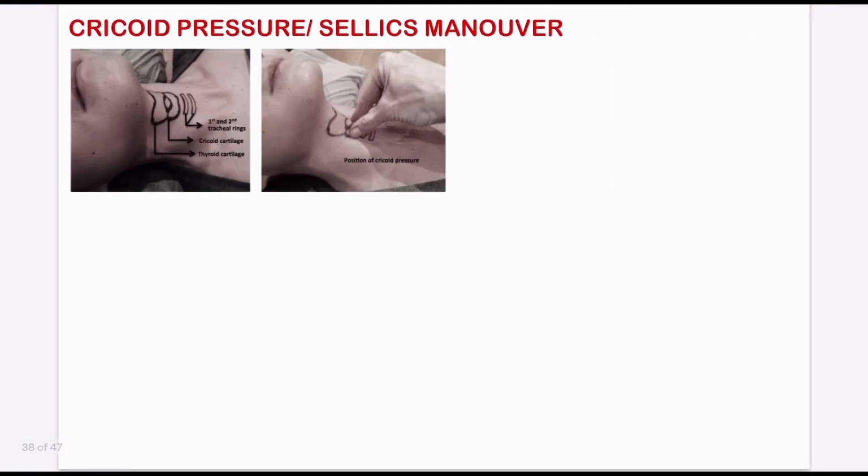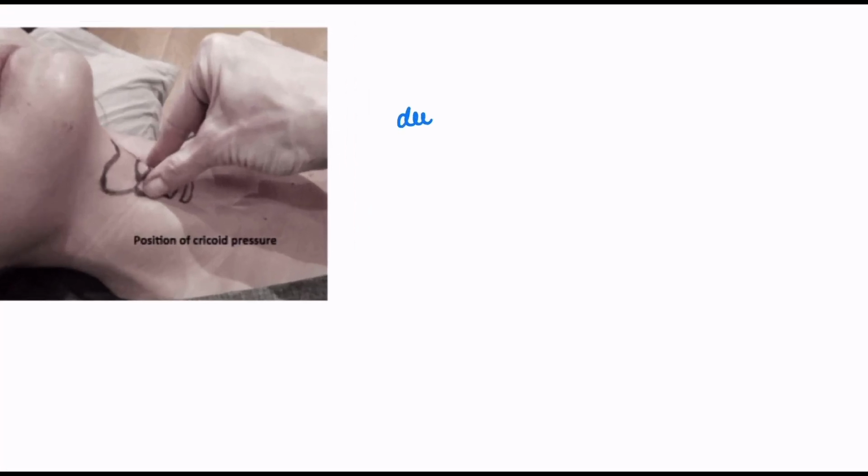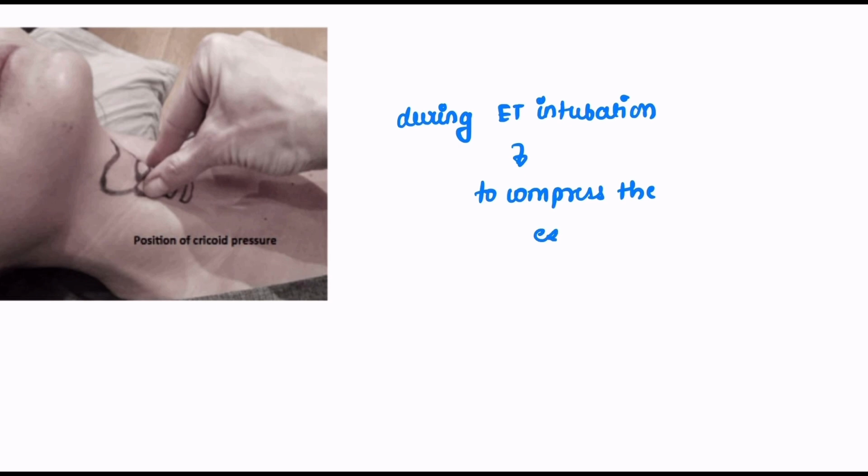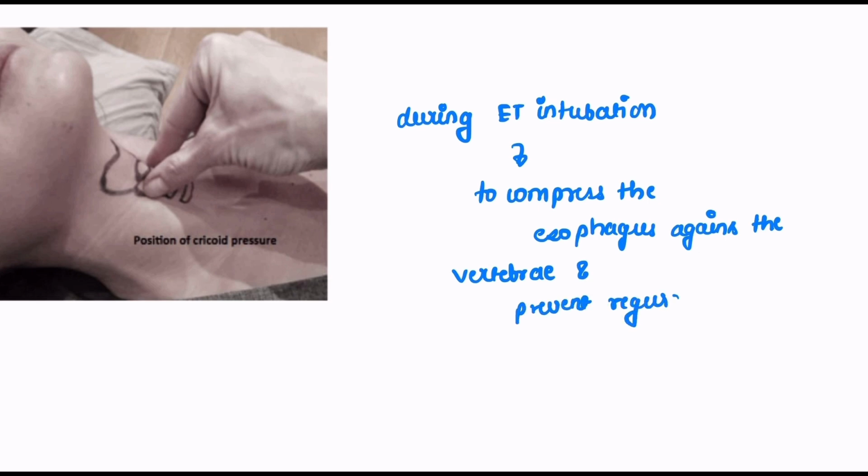The first topic is cricoid pressure or Sellick maneuver. Cricoid pressure or Sellick maneuver is a technique used during endotracheal intubation to compress the esophagus against the vertebra and prevent regurgitation of stomach contents into the airway.